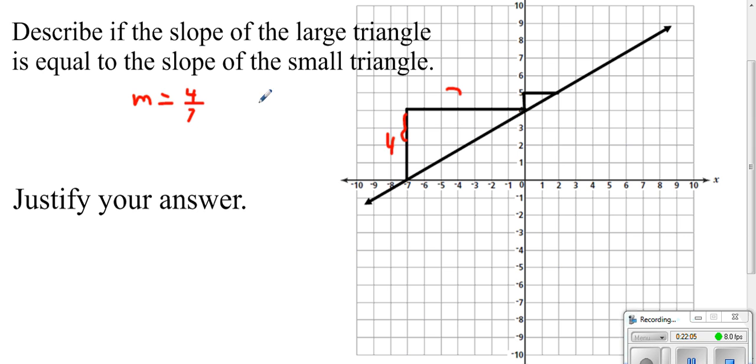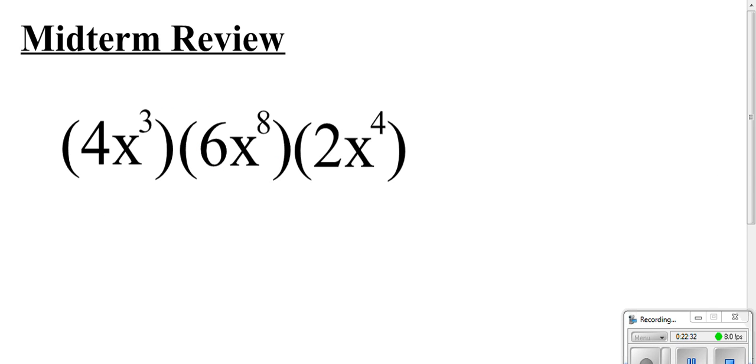That's the larger triangle. All right. And the small triangle is just 1 over 2. Are they the same? No. Your justification is you did the rise over run. Proved that they were not the same.